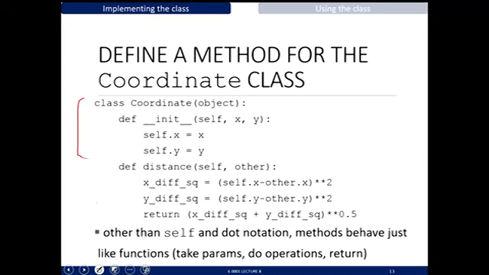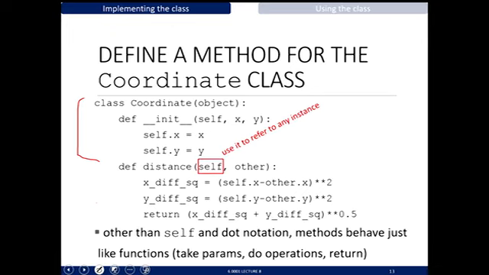So let's go back to defining our coordinate class, and let's define a method for it. So far, we've defined class coordinate and an init. In this slide, we're going to add this method here. I'm going to define a method called distance, and I'm going to pass in 2 parameters. Remember, self, the first parameter, is always going to be the instance of an object that you're going to perform the operation on.